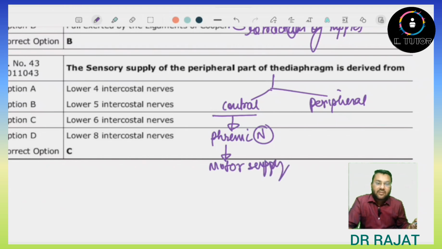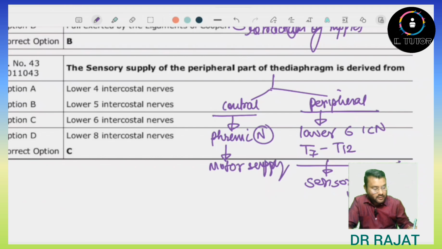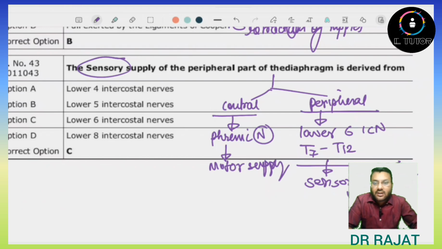But the peripheral part is mainly supplied by the lower six intercostal nerves, from T7 to T12, and these are mainly sensory supply. In the question they are asking about sensory supply only, for the peripheral part of the diaphragm. So the answer here will be option number C, which is lower six intercostal nerves.